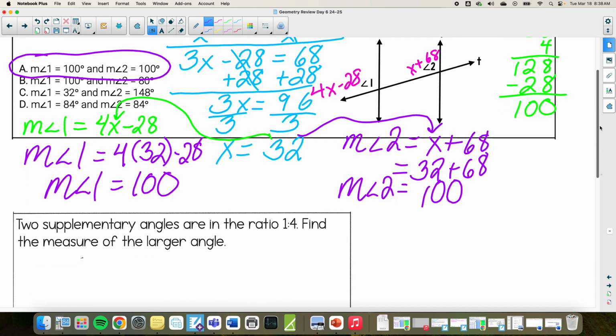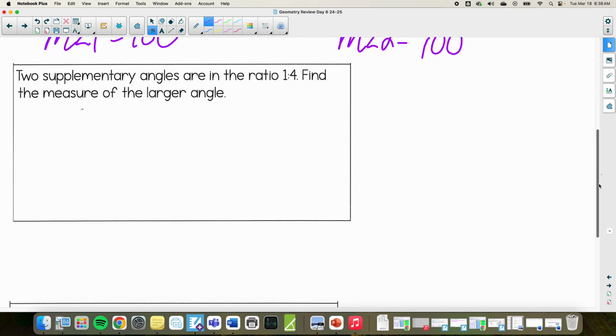Okay, now, here is one that is checking if you know what to do if you have a ratio like that. Does anyone remember what we put with each of those if we had a ratio? Anyone remember that? You put an x with each of them. So this is saying one of our angles is 1 times something, one of our angles is 4 times something, and they're supplementary.